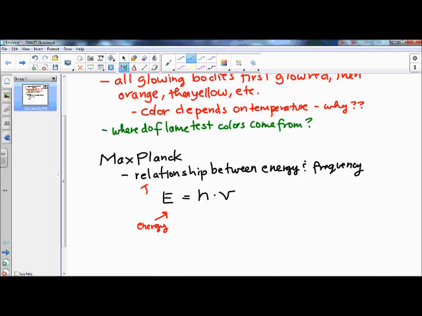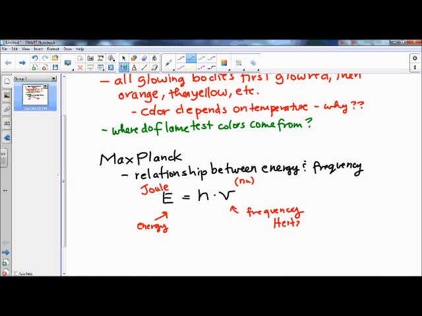And the unit for energy is the joule, capital J for the abbreviation. This letter here should look kind of familiar. This is our little buddy nu, the Greek letter nu again. So that means that this stands for the frequency, which you'll remember is measured in hertz.